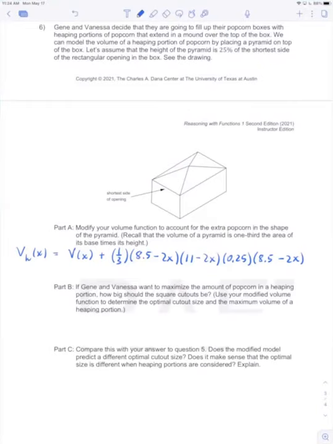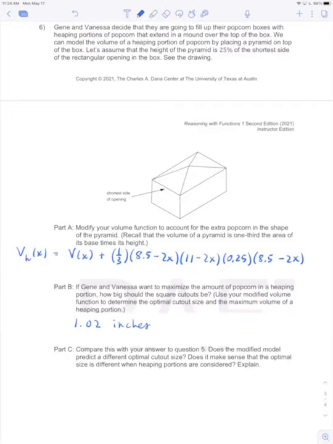Well, that's the number on our x-axis. So x was about 1.02 inches. The heaping volume is maximized when the cutout size is approximately 1.02 inches.